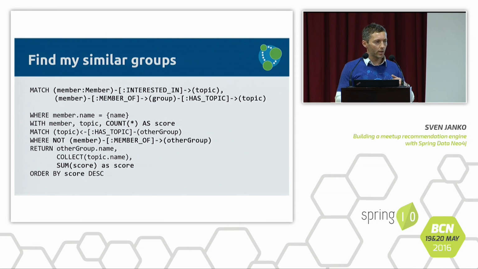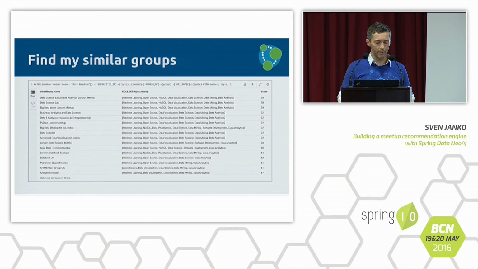And then we are matching those results and saying, just give us a subset of that result, and that is where the other group has the same topic. And then we are adding the WHERE clause for defining that the member is not a member of that other group we are looking for. And then we are returning the same results as in the previous query: the group name, the topic names, and some scoring here in that case. And then again, we get back our results.